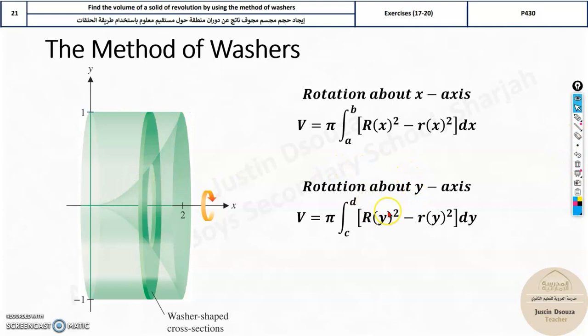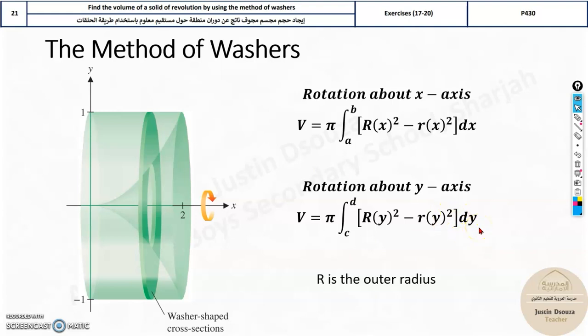Same way if you're doing it along the y-axis, we have done this similar thing before. What you do is take the limits with respect to y, so volume, R of y, because it'll be along the y-axis. Basically now you're dealing with this axis. So remember, in terms of y, your equations must be x equals y squared minus 2y or something like this, for rotation about the y-axis, and then minus r of y squared dy.